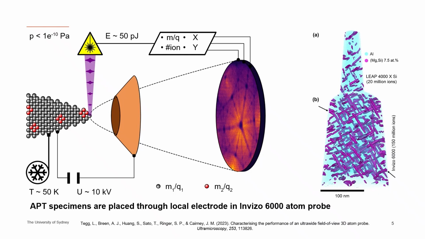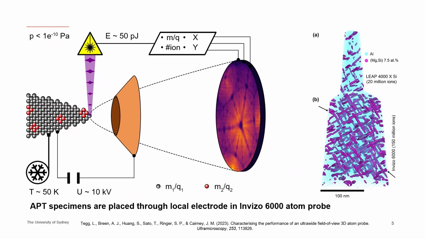On this slide, I would like to show why we need to produce such sharp needle-shaped specimens. On the left-hand side, you can find a crude schematic of how an atom probe works. The specimen is placed in an ultra-high vacuum and cooled to cryogenic temperatures, which are usually around 50 kelvins. It is then placed in front of a local electrode, and a standing field is applied between specimen and the local electrode.